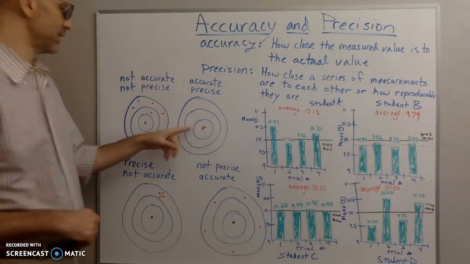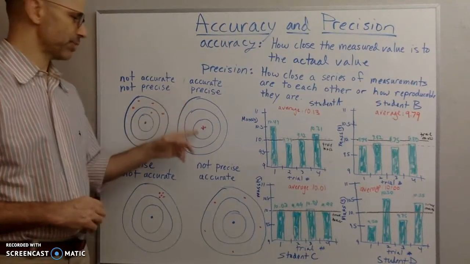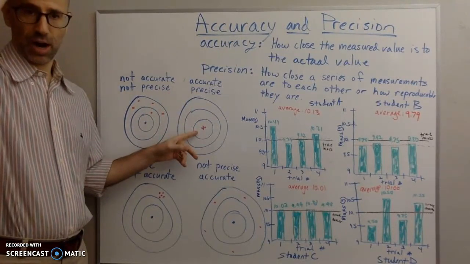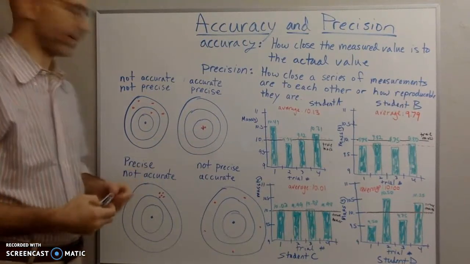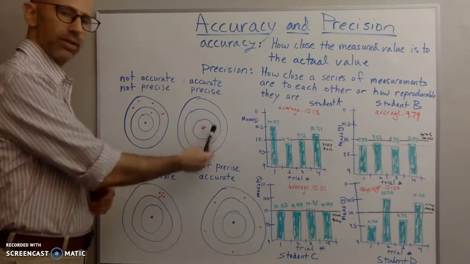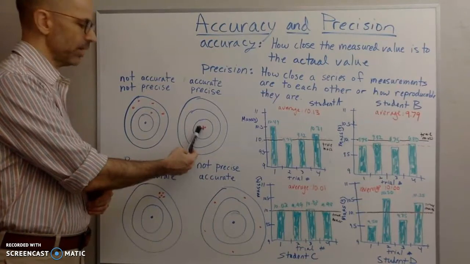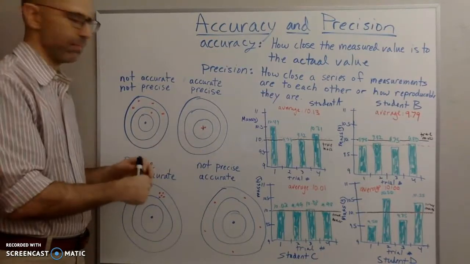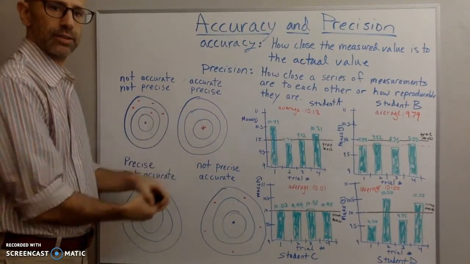Here we have the exact opposite. So here we have both accuracy and precision in our bullseye, our shooting. So if you're shooting at a target, your shooting here is accurate because you're shooting really close to the bullseye, and it's very precise. Precise meaning that you have a really tight cluster of shots.